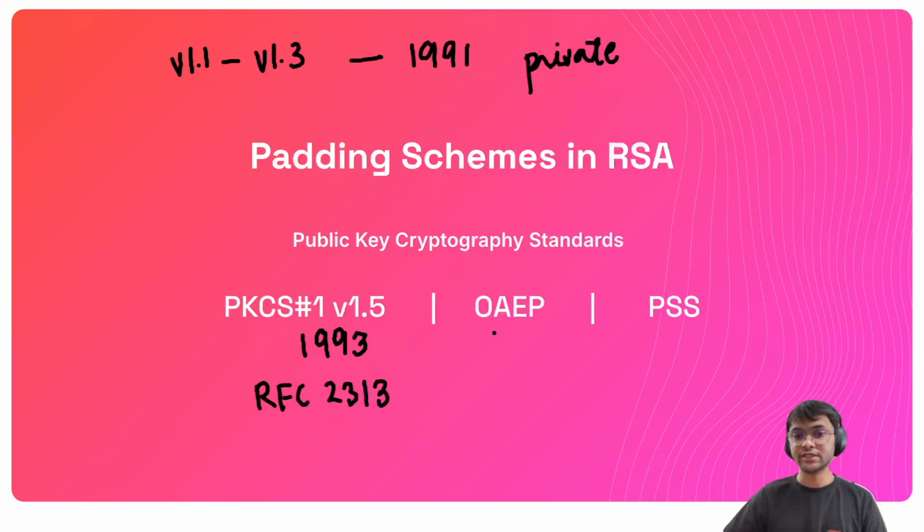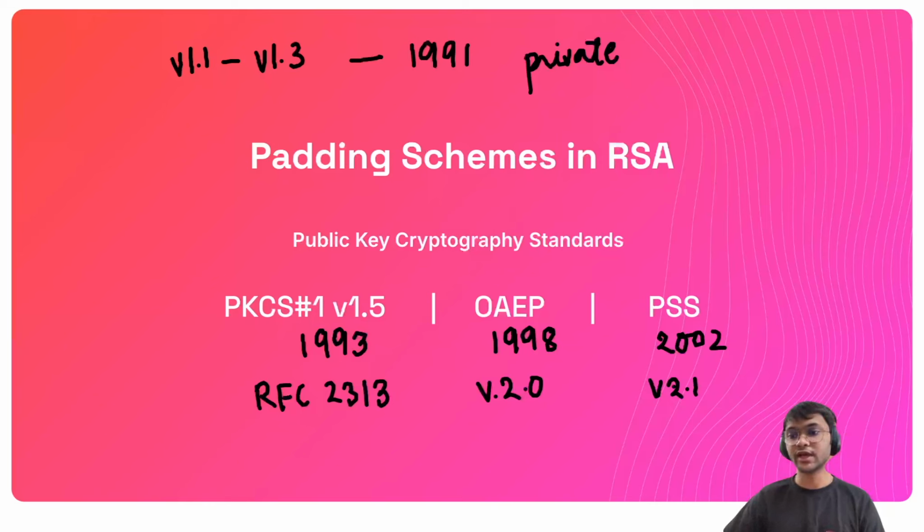In the year 1998, version 2.0 surfaced, and that introduced RSA OAEP. In the year 2002, version 2.1 came out, and that published the PSS encryption scheme, or signature verification scheme.